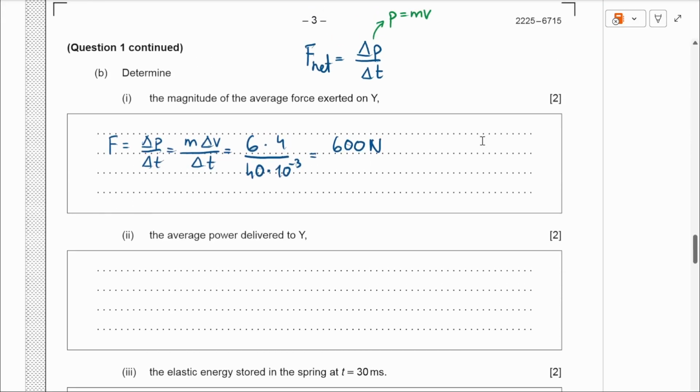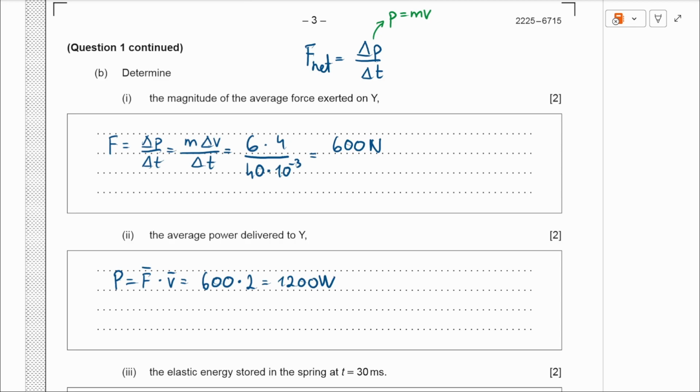So we have calculated the average force. The power will just be the average force times the average velocity. So the average force was 600 newtons, and the average velocity was 0 plus 4 over 2, so just times 2. So this will be 1,200 watts.